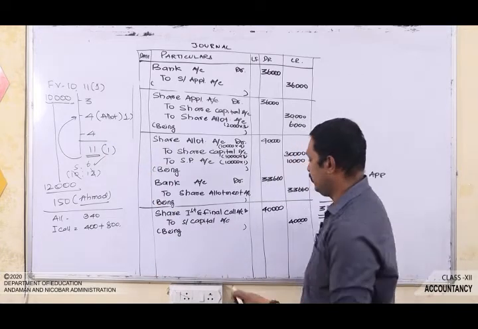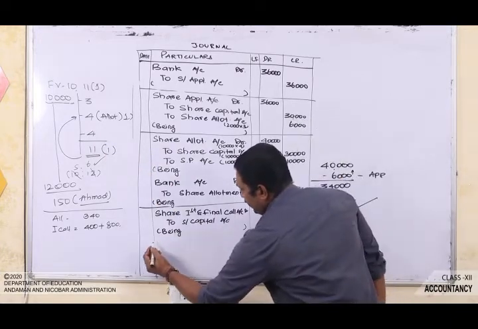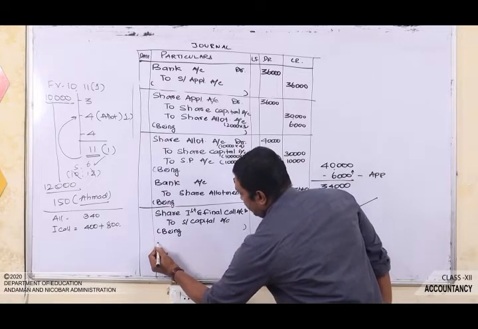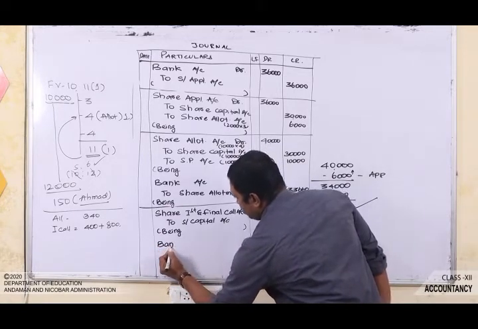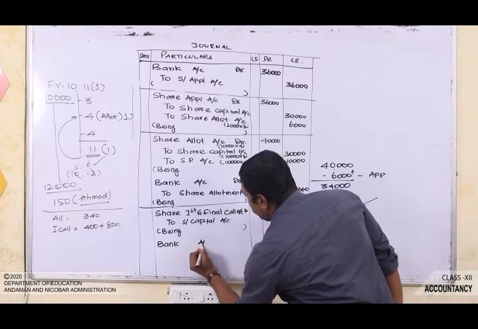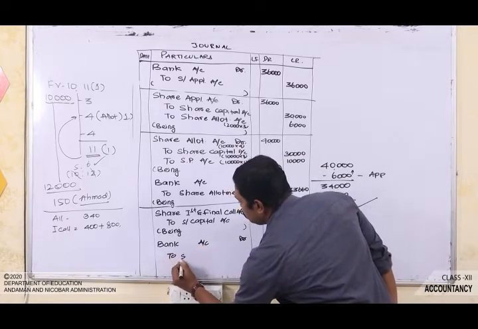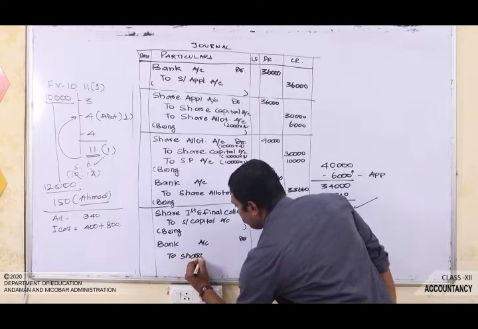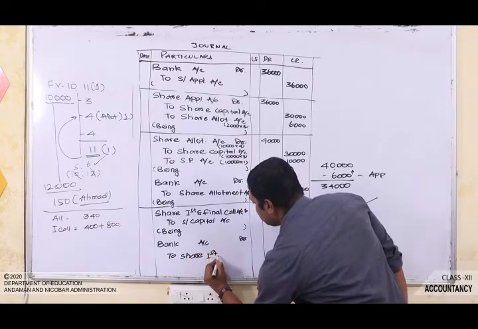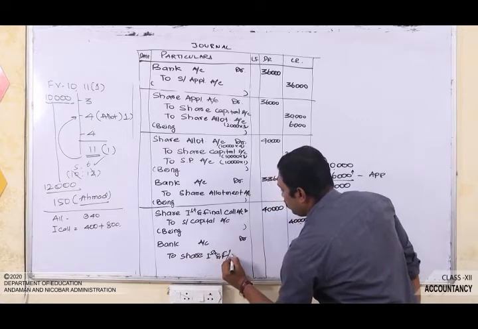Got it? Okay. Now the last, the receive entry, that is bank account debit to share first and final call account.